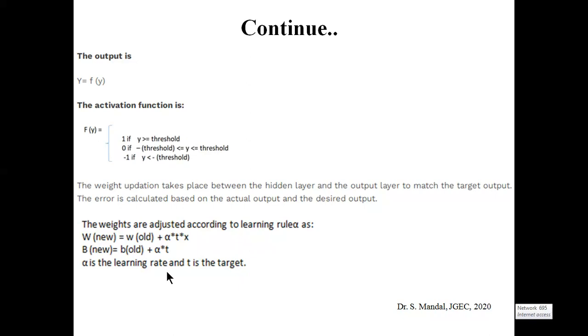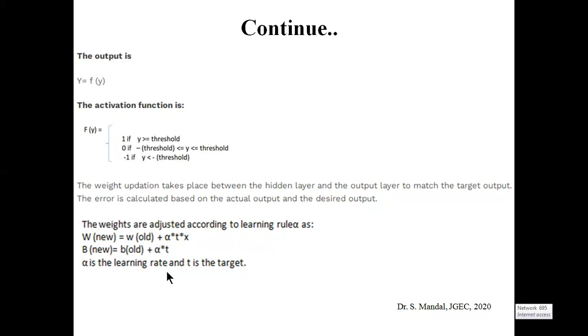So based on the value of alpha, the speed of learning will vary. By default the value of alpha is 1, and we will consider alpha as 1. But depending on the value of alpha, the learning process will be faster or slower.